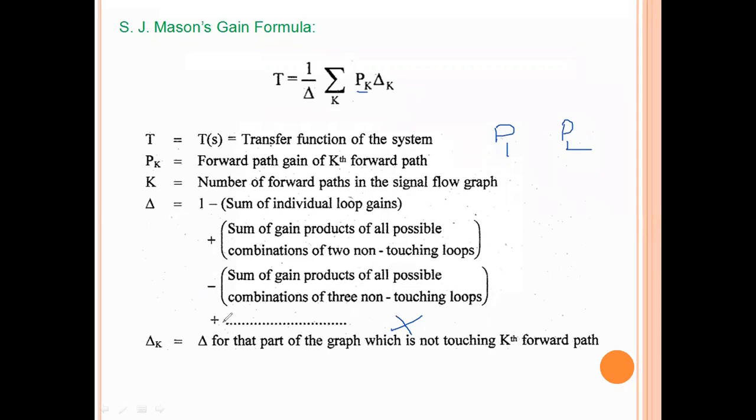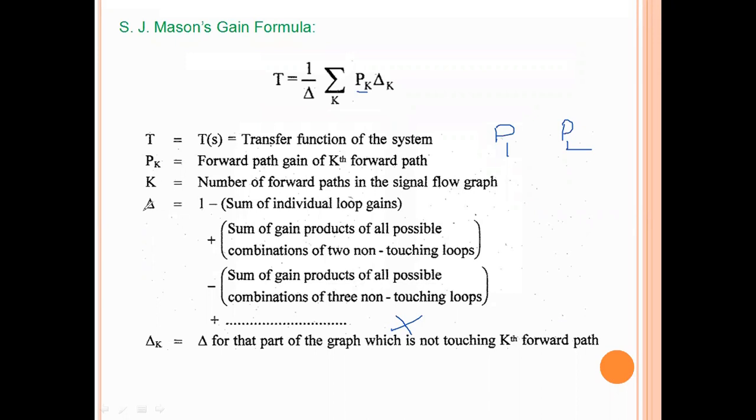So in general there is no chance of four non-touching loop combinations. At most we will see three non-touching, and that very rarely. If we see it, the problem is very complex. This is how we can calculate the delta value.